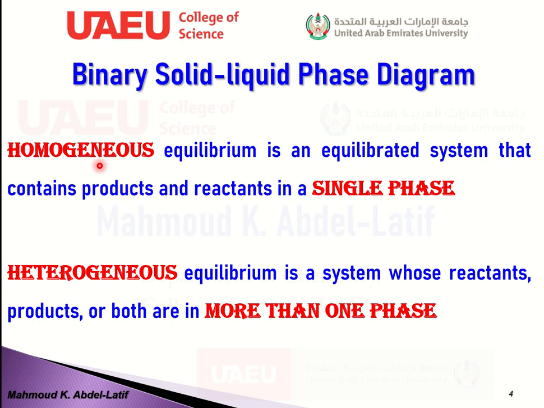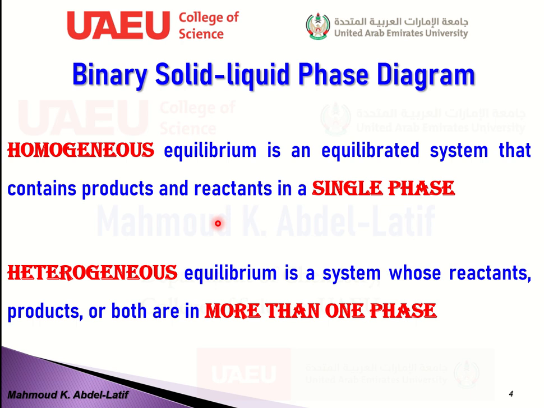If you have a single phase, you end up with a homogeneous solution or homogeneous equilibrium. So homogeneous equilibrium is an equilibrated system that contains products and reactants in a single phase, just one phase after mixing. You could imagine that the products and reactants are solid and solvent forming a solution, and so on.